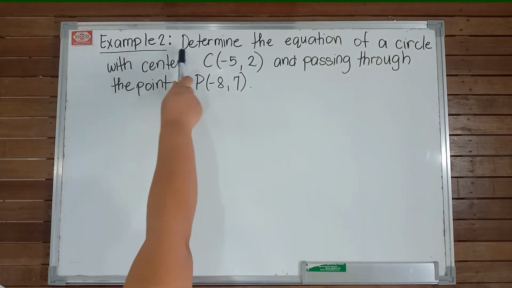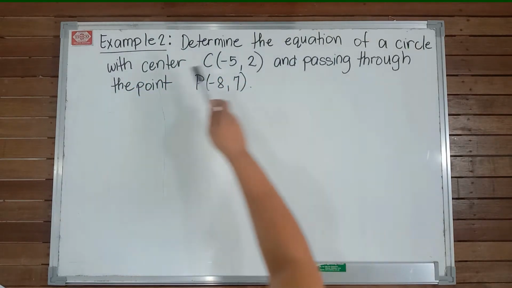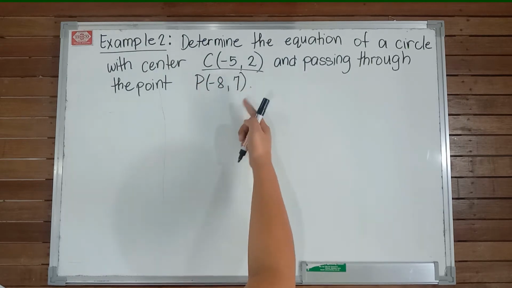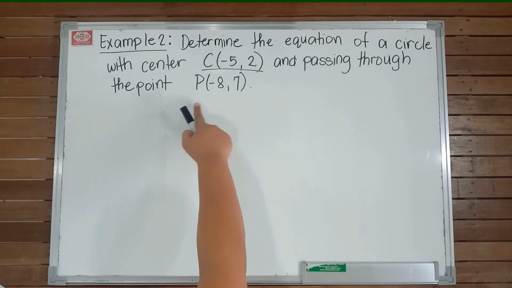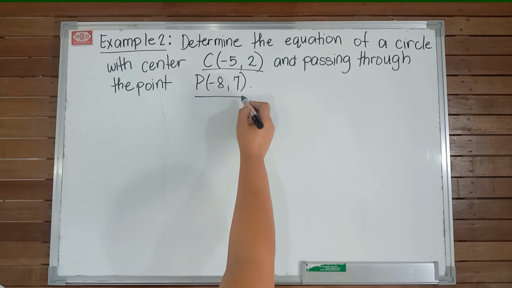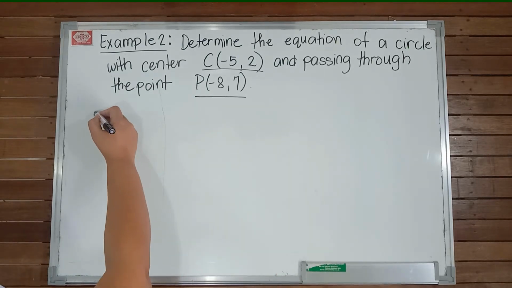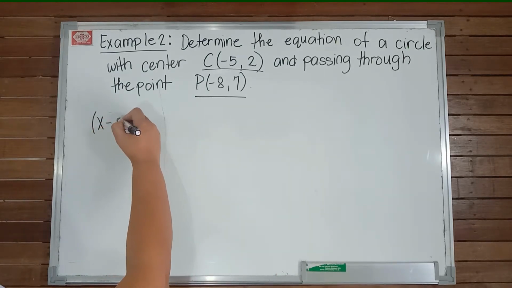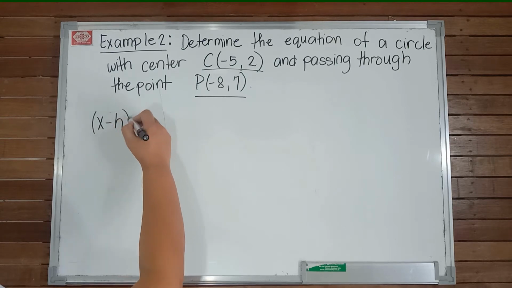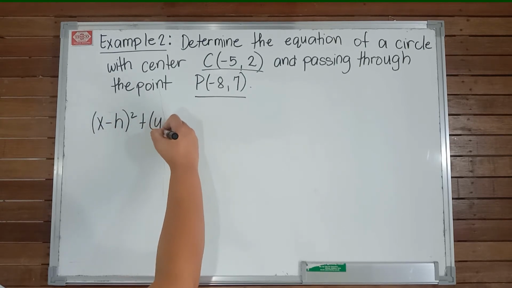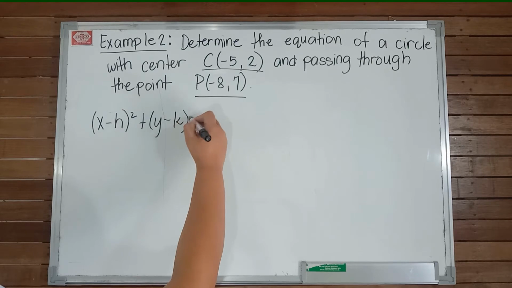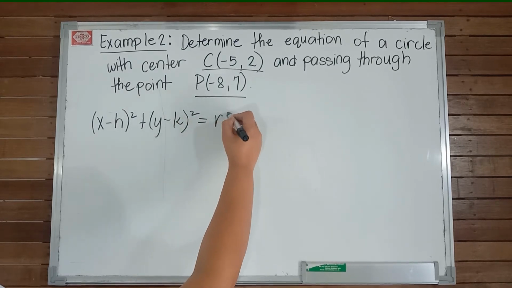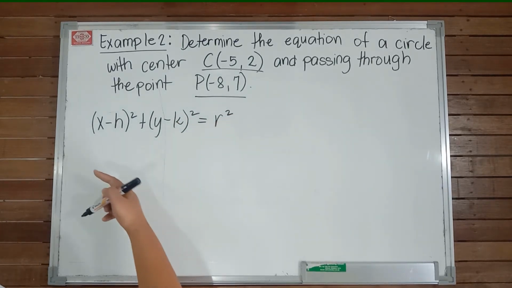Next is our example 2. Determine the equation of a circle with center C, negative 5, 2, and passing through the point P, negative 8, 7. Again, our circle is at the center, negative 5, 2. So, we will use the formula x minus h squared plus y minus k squared equals r squared.